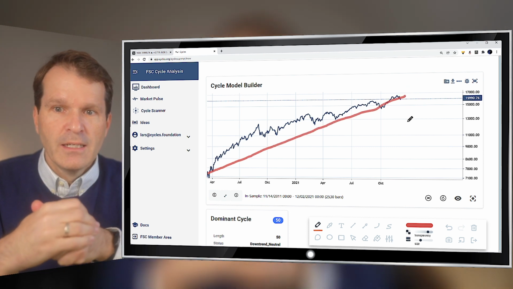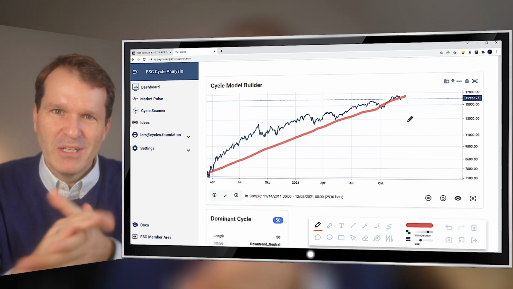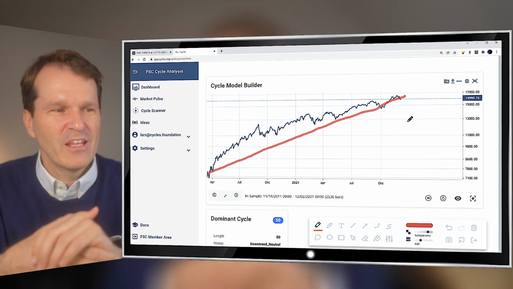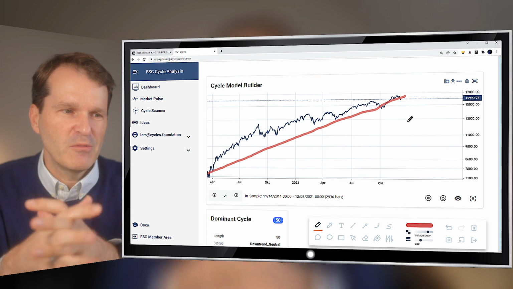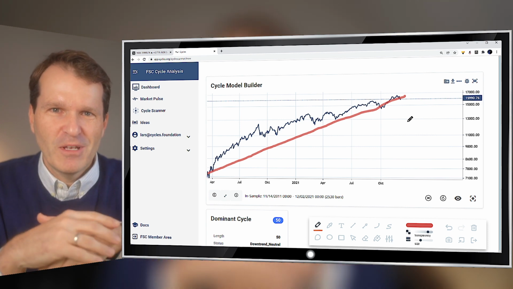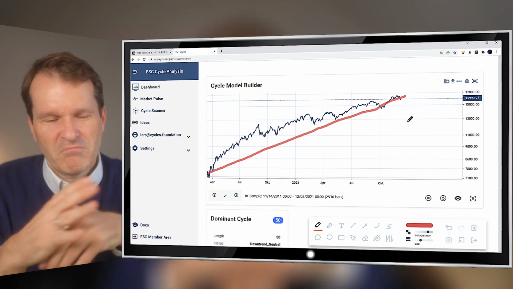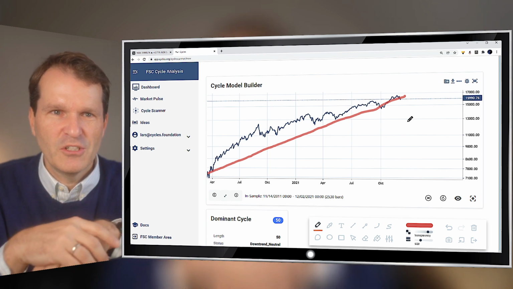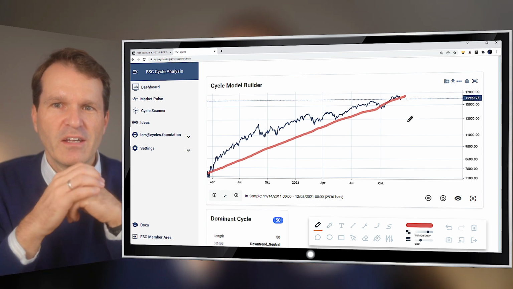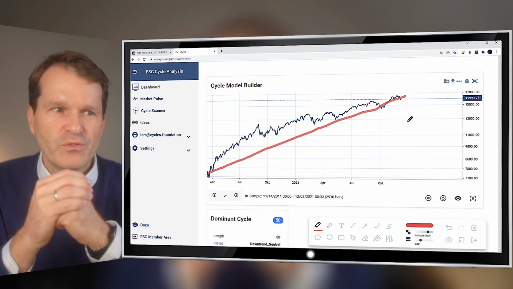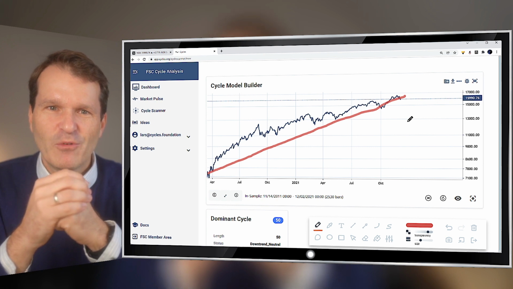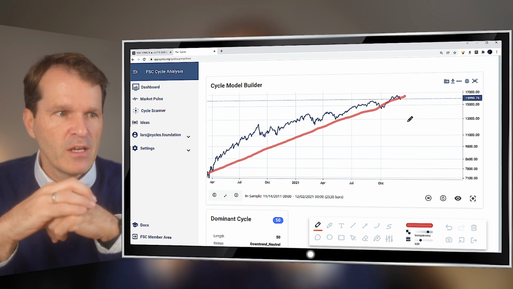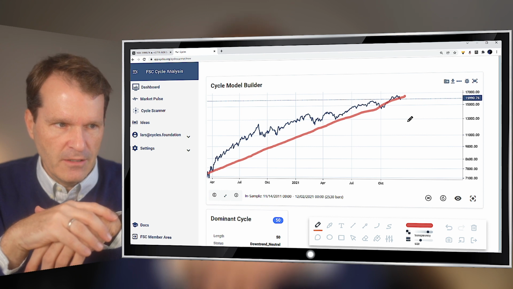There is no cycle visible here. For the full period since 2020 up to the end of 2021, approximately 2 years, we saw a straight up move, a constant line moving up on the daily chart for the tech index.